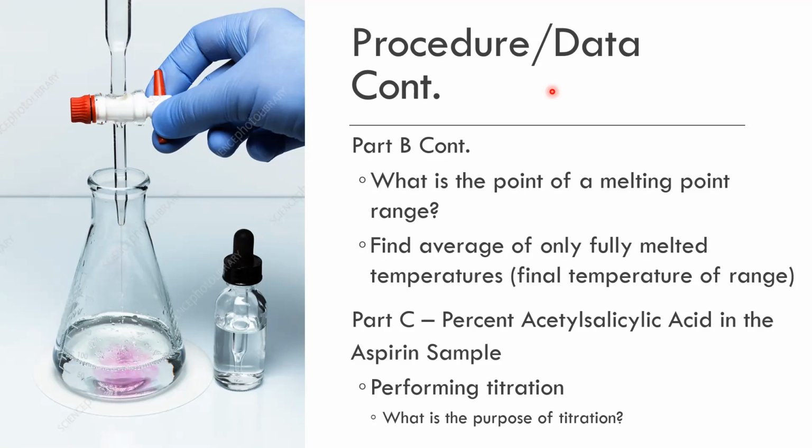I think the masses of the aspirin are actually going to be emailed to you guys via the head TA, Peter Weiner. So you guys should have an email already with the randomly generated data that you're going to need. But anyways, so part C, you're going to see 10 mLs of 95% ethanol, 50 mLs of DI water, and 2 drops of indicator added into the flask that contains the aspirin crystals for part C.